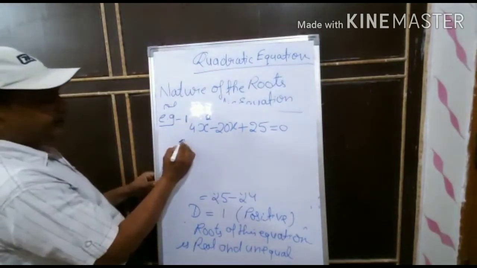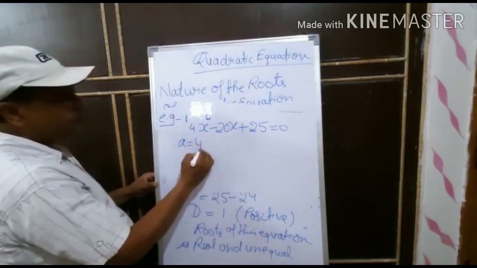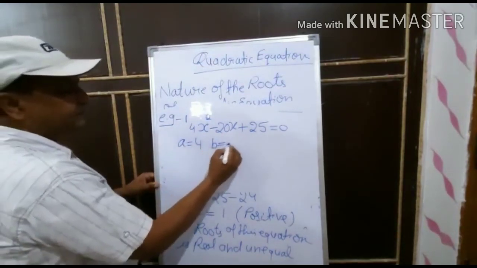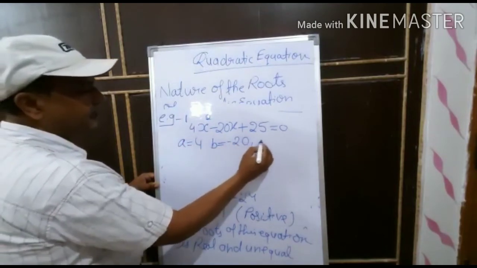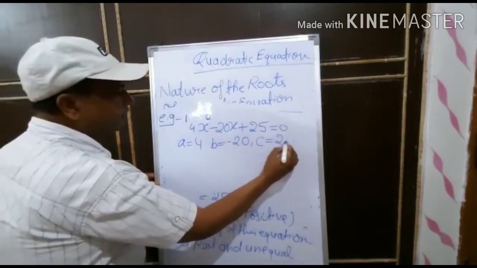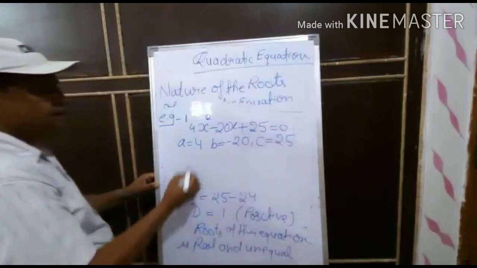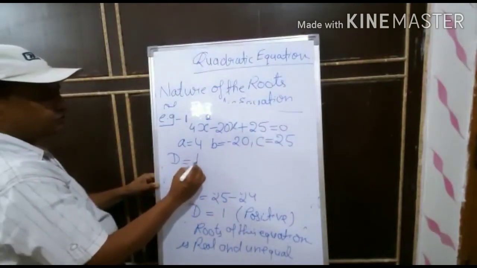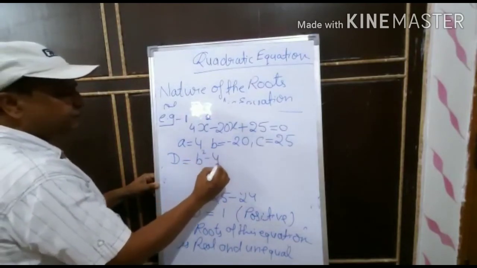Now the value of a is given 4, b is given minus 20, and c is given 25. First find the value of D. So D is equal to b square minus 4ac.